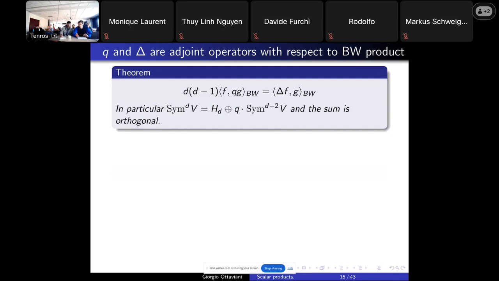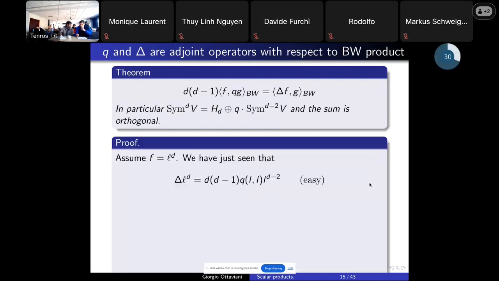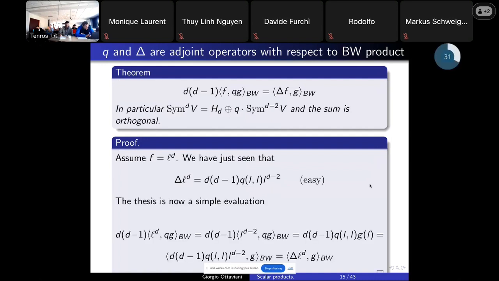In the complement of the harmonic polynomials, you have polynomials divisible by Q. Okay? And let's give shortly the proof. Again, you see, I try to do the proof with as little computation as possible. We already saw this, and this is essentially enough.